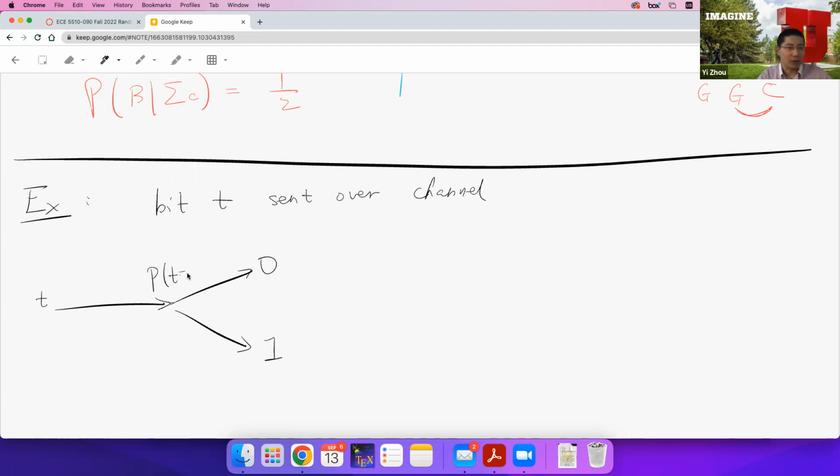We generate T to be 0 with probability 0.4, and we generate T to be 1 with probability 0.6. So this message itself is a random message: 40% chance to get 0, 60% chance to get 1.